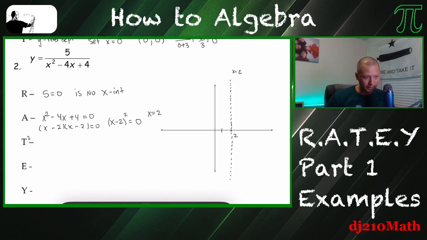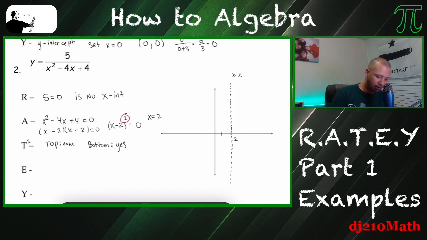All right, the next one, the squared factor. Top, bottom. Looking at just the top, where there's a 5, there is no squared factor in the numerator. So none. Now, looking at the bottom, yes, there is. There's a squared factor in the bottom. Let's clear something up. Just because there's an x squared in the denominator doesn't mean that there's a squared factor in the denominator.